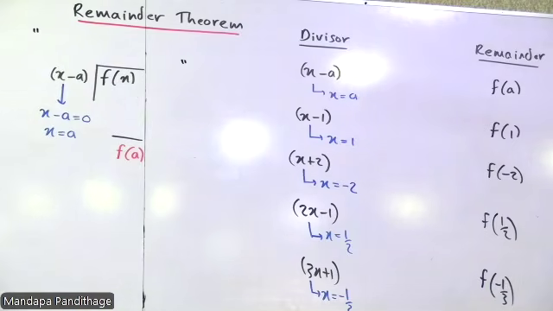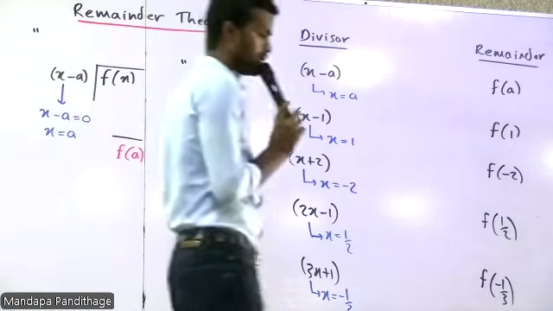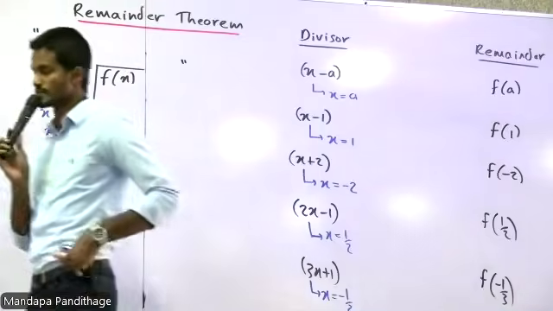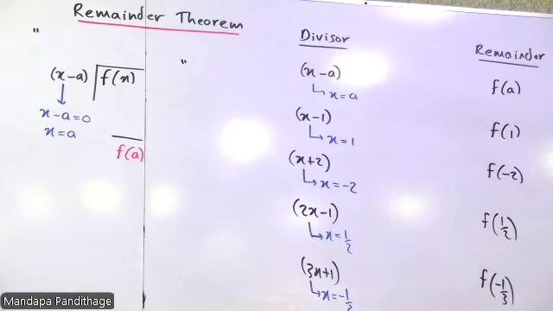Write this: when any degree polynomial f(x) is divided by x minus a, write x minus a within brackets, the remainder is f(a).